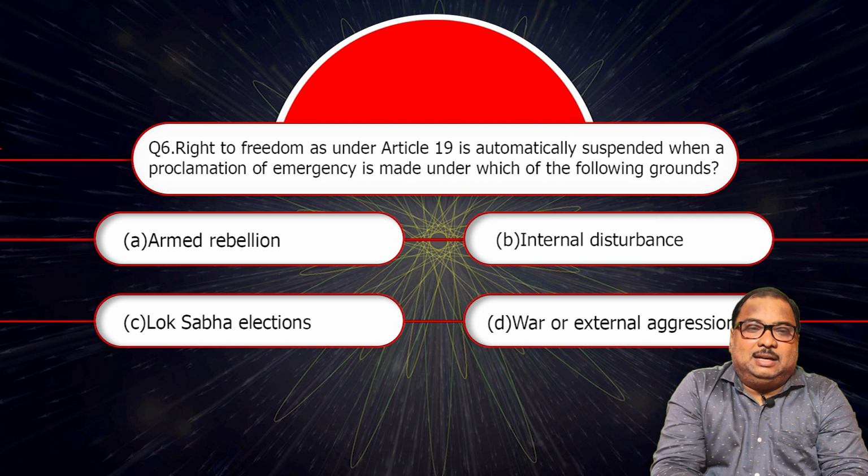Right to freedom as under Article 19 is automatically suspended when a proclamation of emergency is made under which of the following grounds? Option A, armed rebellion. Option B, internal disturbance. Option C, Lok Sabha elections. Option D, war or external aggression. Your time starts now.